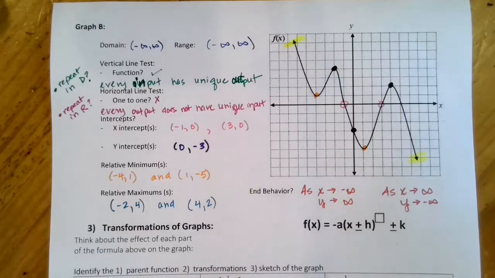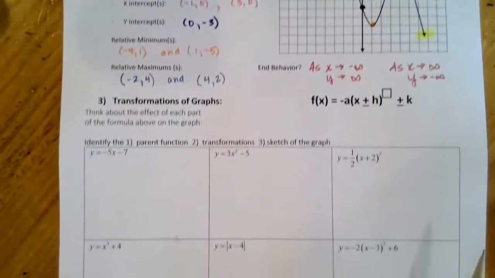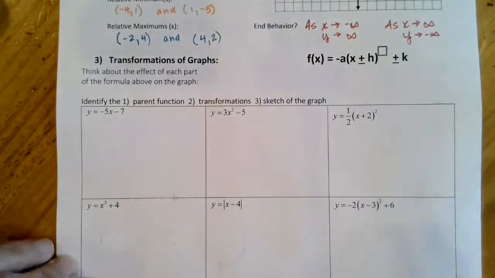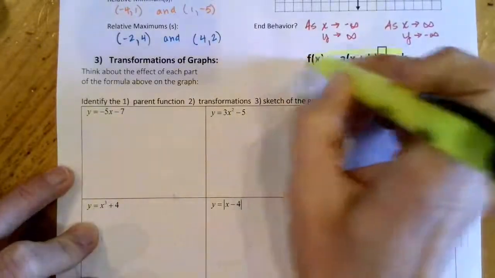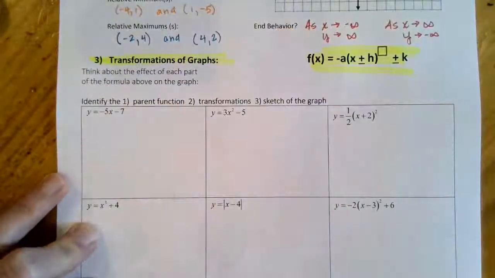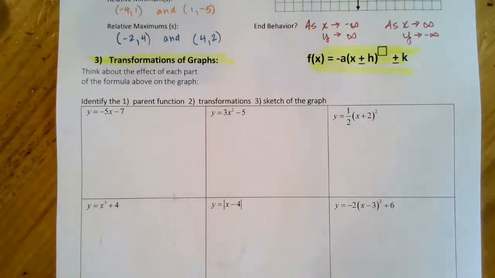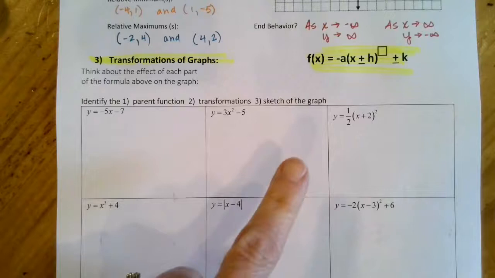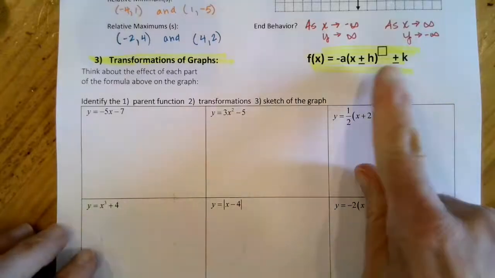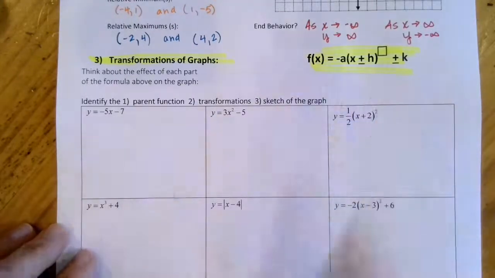Okay. Our last review topic is when we start talking about transformations of graphs. And when we're looking at transformations of graphs, we want to pay attention to this big idea here, this formula here. Because in all of our different family functions, and you can see I have some linear, some quadratic, a cubic, and an absolute value function, we can talk about moving it all over the coordinate plane.